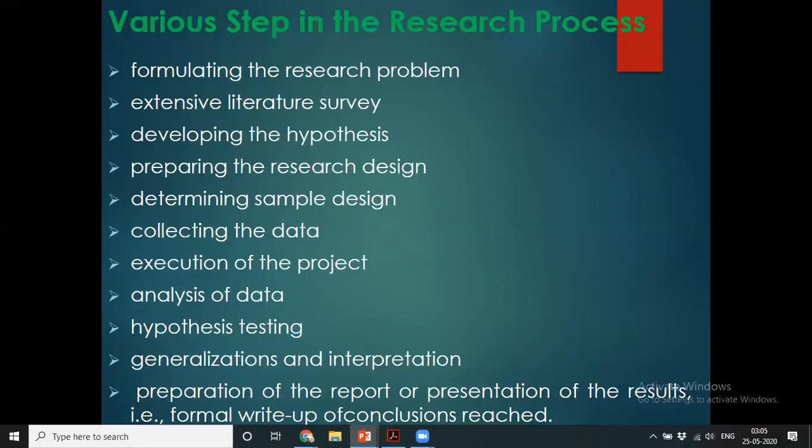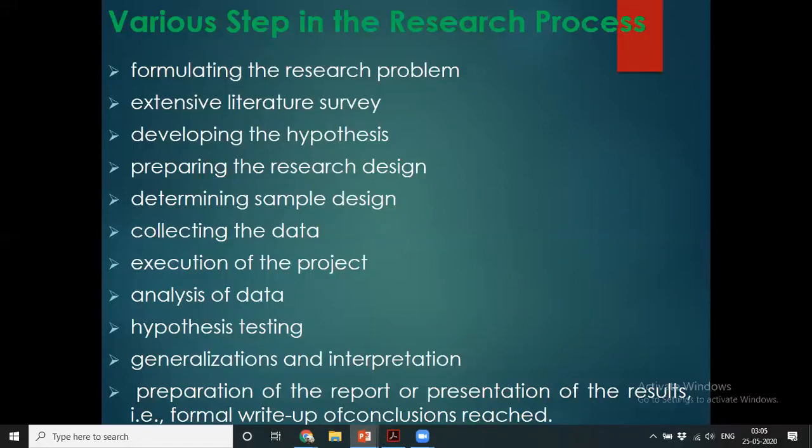Sample design. In that case, those who are doing experimental or statistical research must consider how many data sets they will have, that is, what is the number of samples for the research. That also plays a very vital role while carrying out your research work.